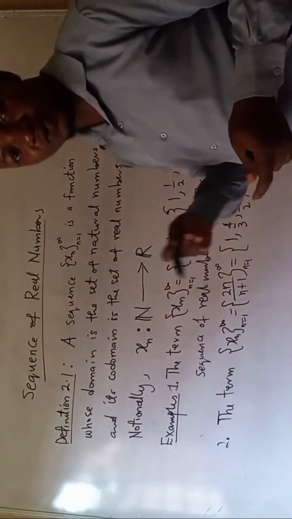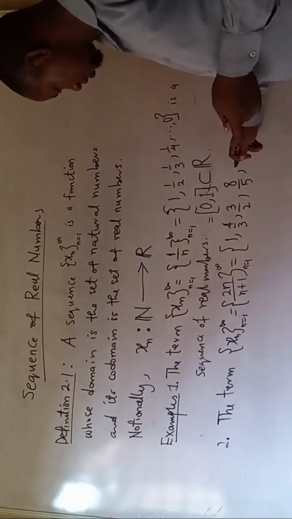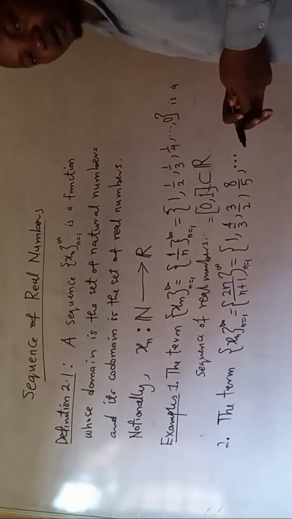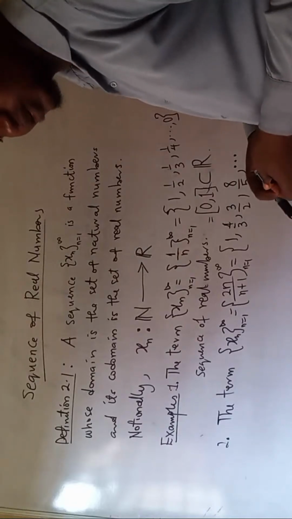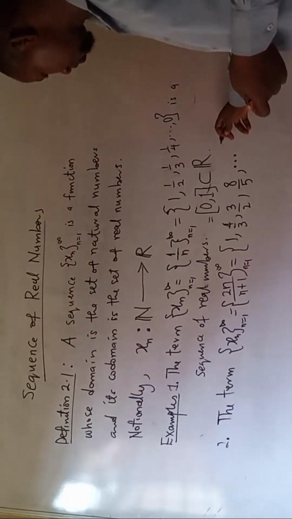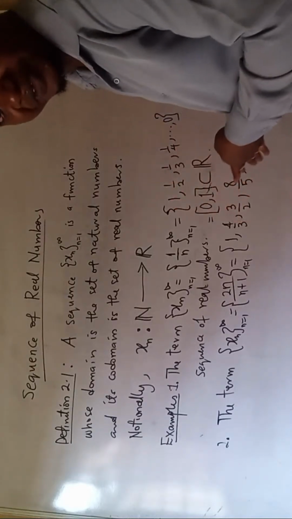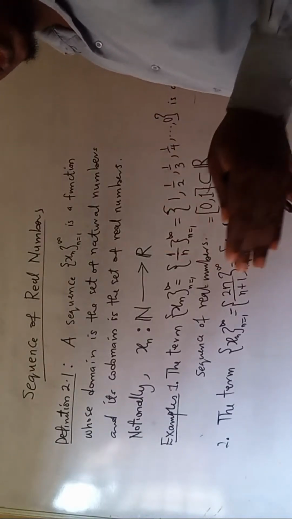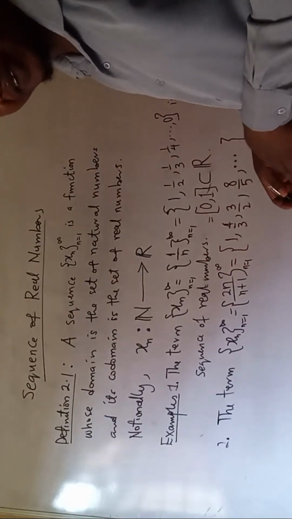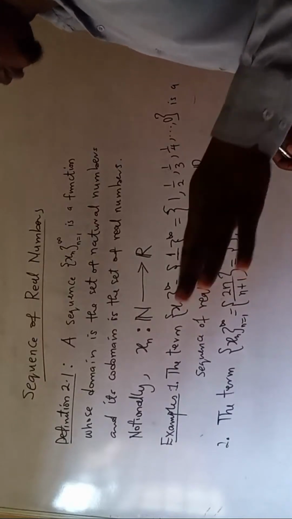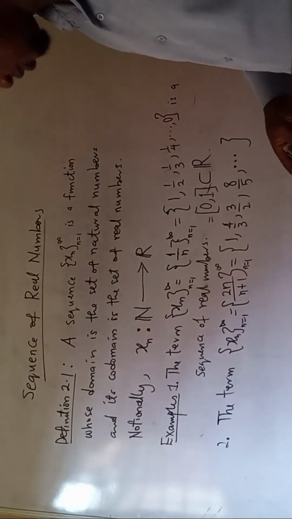So as n goes to infinity, you see that this sequence also goes on infinitely. But the question later will be whether this type of sequence will converge or diverge. Converge means it has a limit, and diverge means it has no limit.